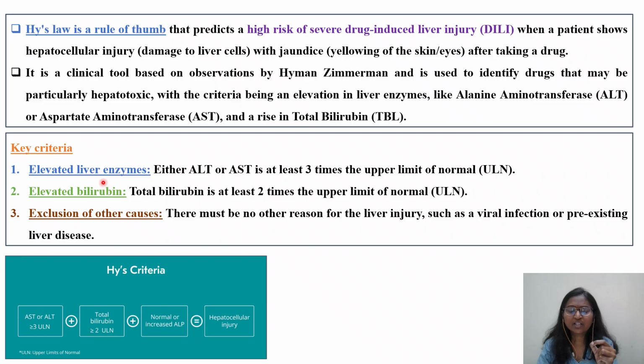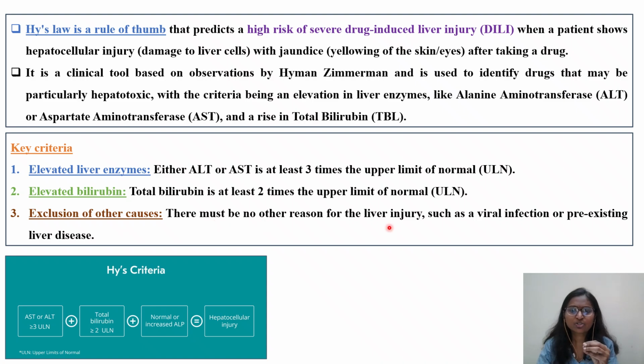For elevated liver enzymes, either ALT or AST is at least 3 times the upper limit of normal. For elevated bilirubin, total bilirubin is at least 2 times the upper limit of normal. And for exclusion of other causes, there must be no other reason for the liver injury.